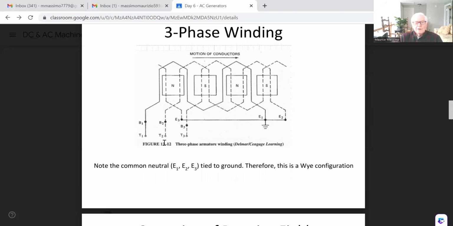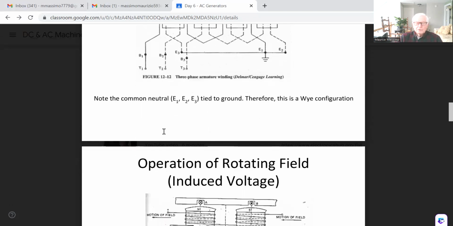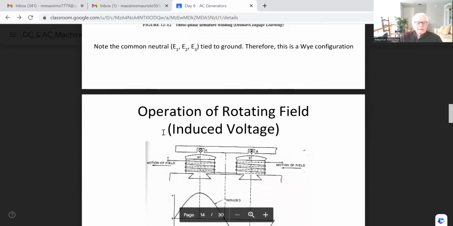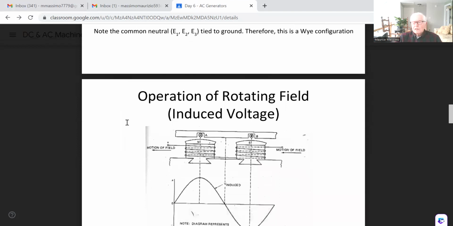Because they are each tied to a ground, we can expect this to be a Y configuration instead of a delta configuration, where all these E points are tied together at one point to get a common neutral.